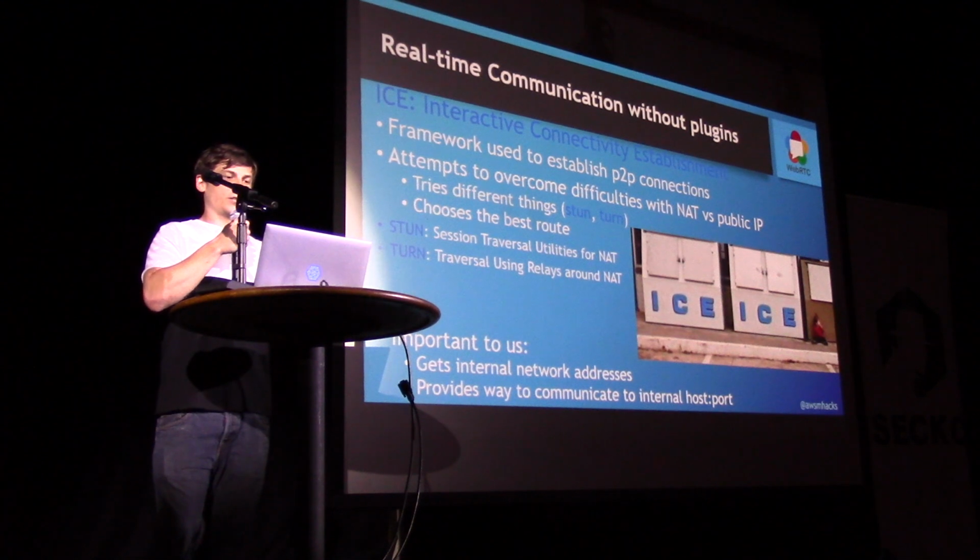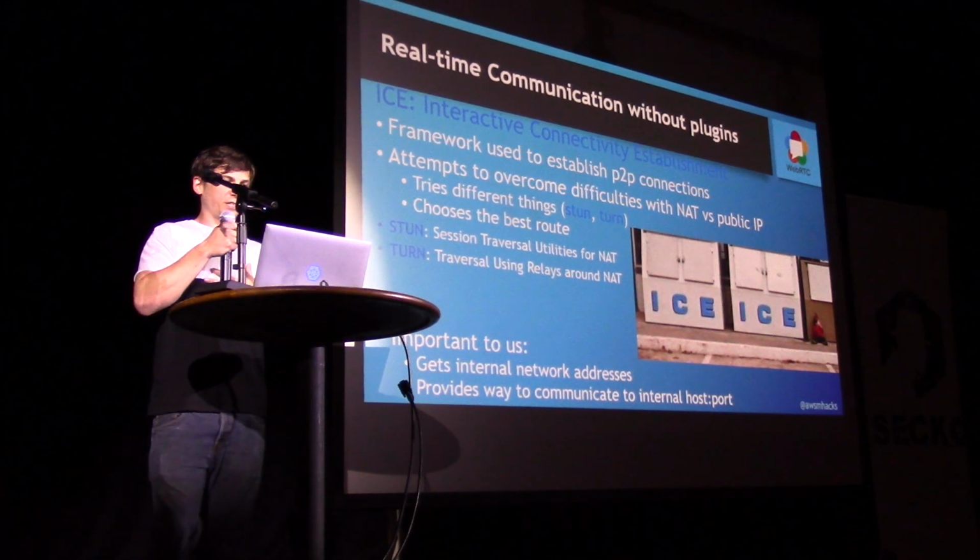So they figured out a way to basically bypass all that NATting and everything, and try some different things to get different routes, and basically chooses the best route to another host. It's important to us really because it gets us internal network addresses so that we can actually find these hosts, and provides a way to communicate to these internal hosts on any port we want to talk to.